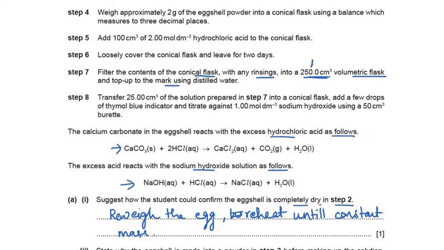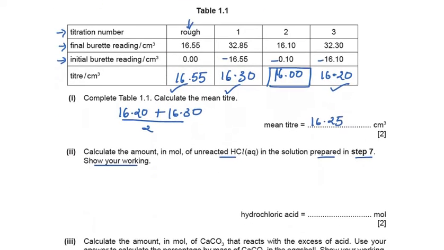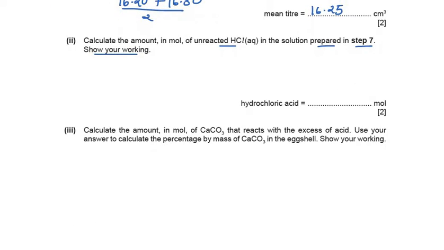Now this part is important: the total volume of HCl is 250 centimeter cube, and we are asking for the unreacted part. Only unreacted HCl reacted with NaOH after the reaction had completed with calcium carbonate. So the moles of HCl and moles of NaOH will be equal.